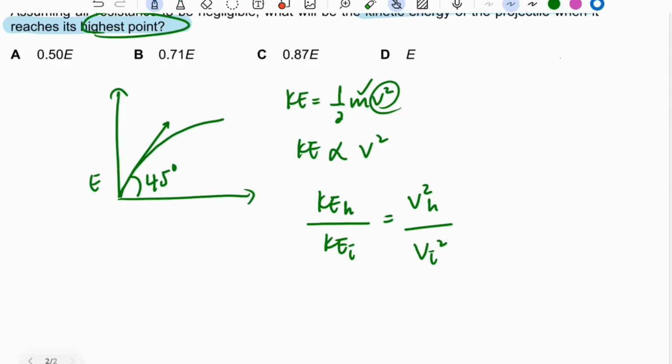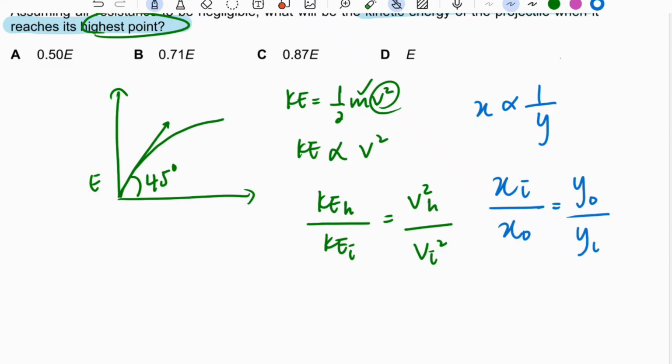What if, let's say, for example, x is inversely proportional to y? How would I write the ratio for this? So for example, you want to find the initial value of x. So it's x initial over x original, divided by your y original on top, then your y initial below. It should be crossed because it's inversely proportional.